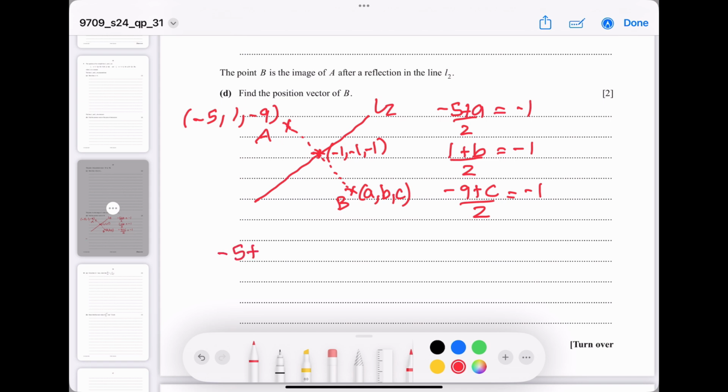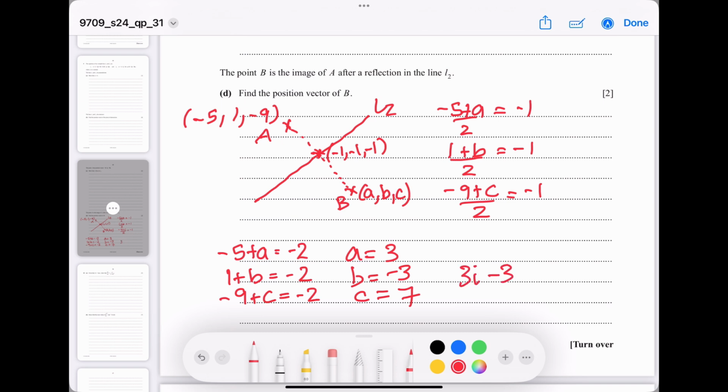So negative 5 plus a is negative 2. So a is 3. 1 plus b is equal to negative 2. So b is negative 3. And negative 9 plus c is equal to negative 2. So c is 7, which gives me the position vector of B as 3i minus 3j plus 7k.